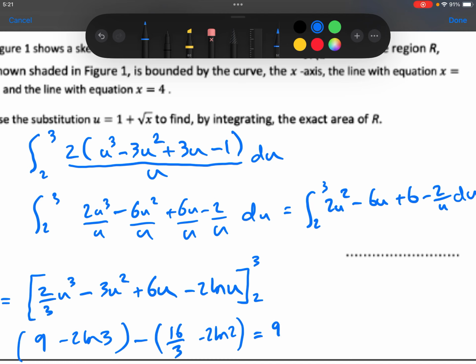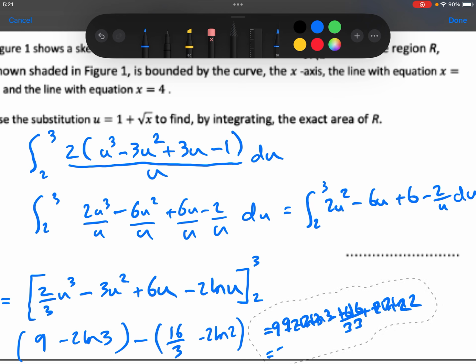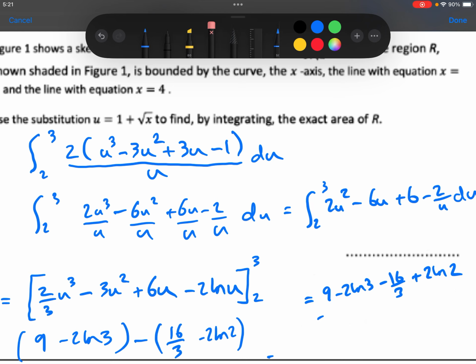We've got 9 minus 2 ln 3 minus 16 over 3 minus minus, so a plus 2 ln 2. The 9 minus the 16 over 3 is going to be 11 over 3.